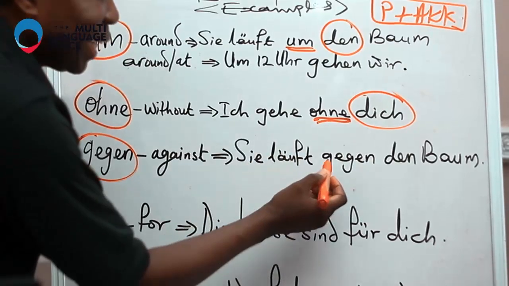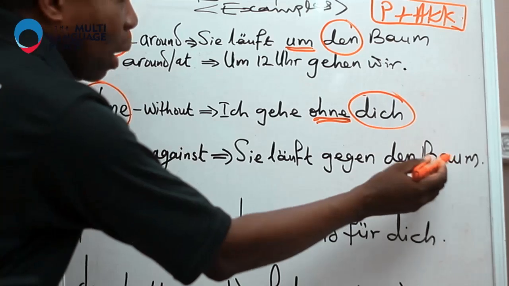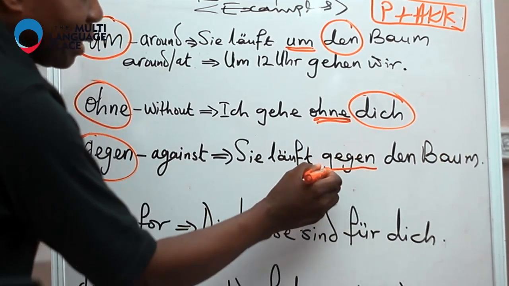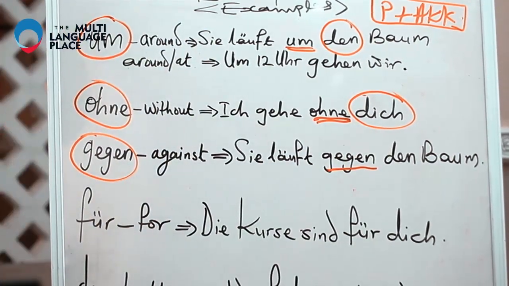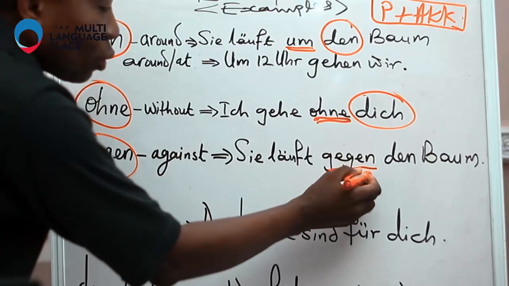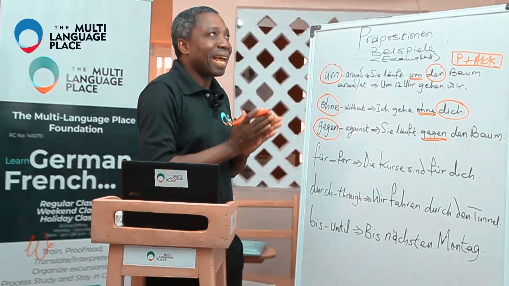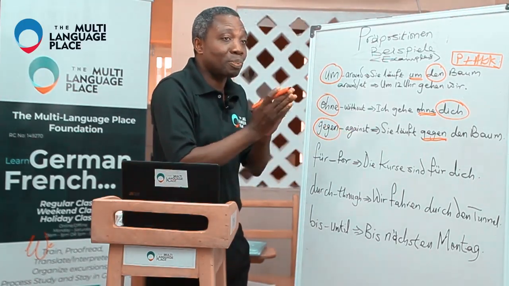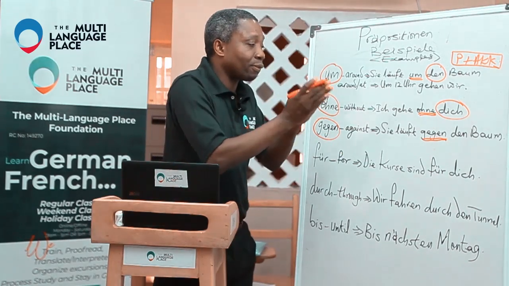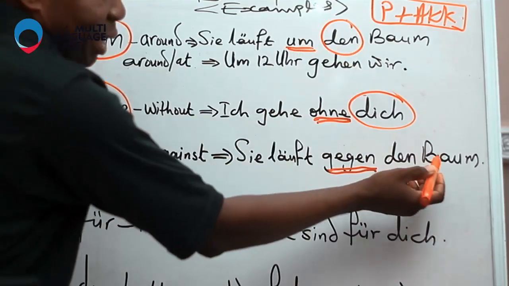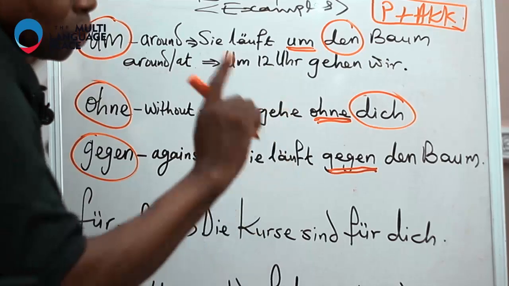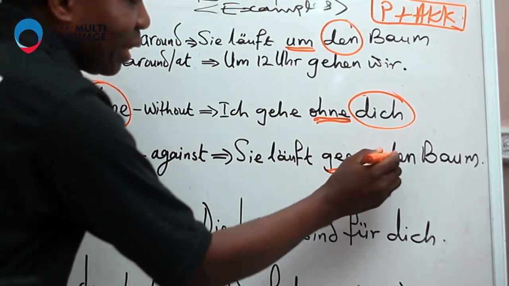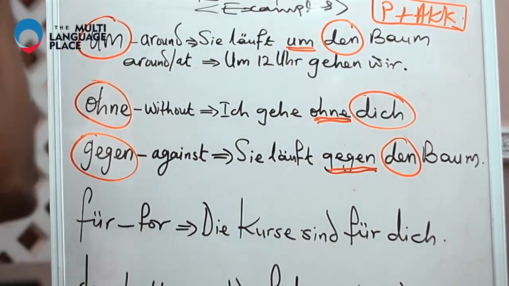Sie läuft gegen den Baum. Now, this is the preposition. And once you make use of gegen here, the article that follows must be in the accusative form. Just as we have it here. And interestingly, we're still talking about Baum, which is masculine. So this one will be in the accusative form.